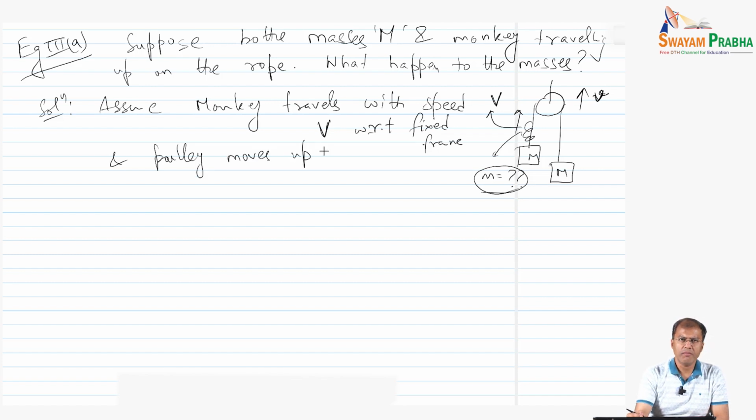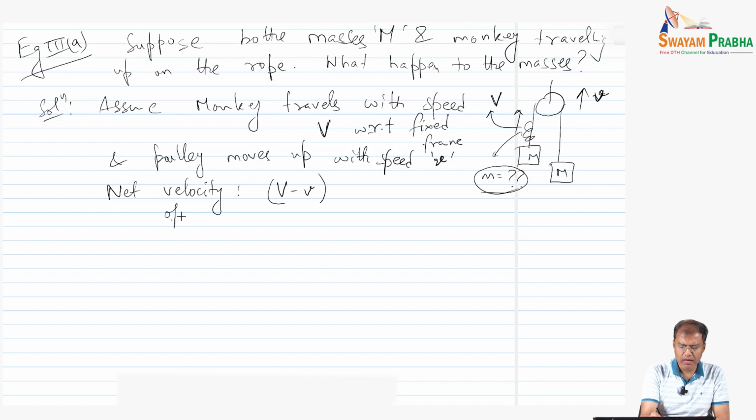Well, we are assuming it; it may come out to be minus v, then it is going down. So the pulley moves up with speed small v, right? And the net velocity or the net speed comes out to be V minus small v, right? So the net velocity of the monkey.